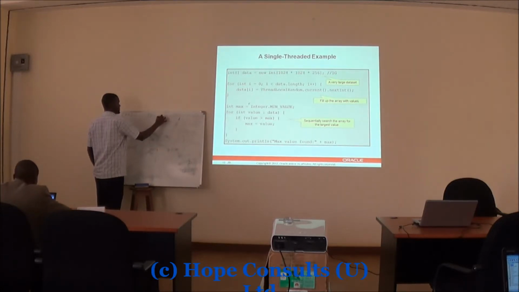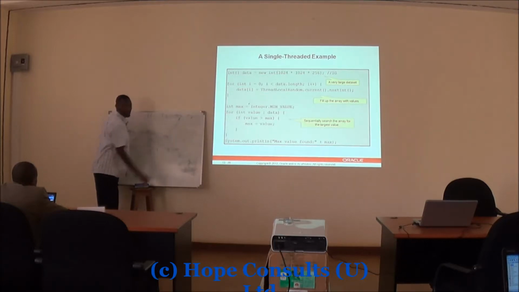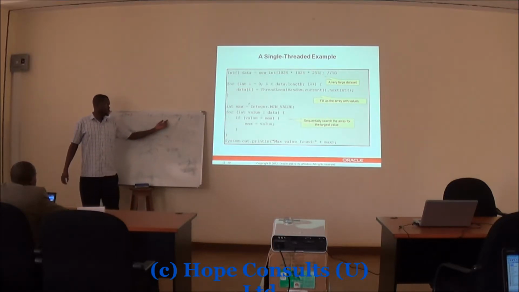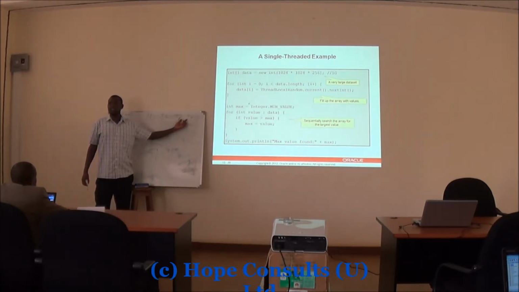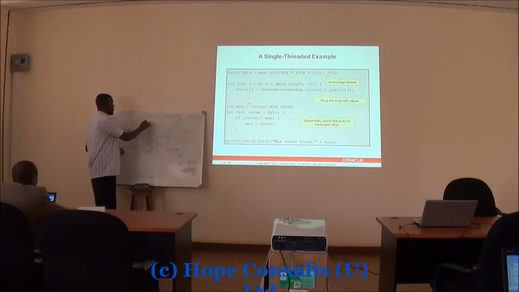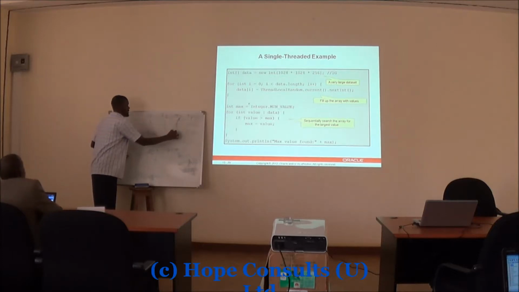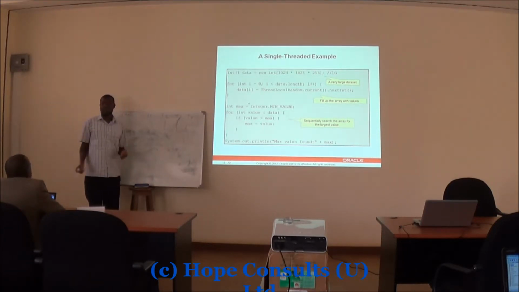Thread 1, thread 2, thread 3, and thread 4. Each of these threads will come up with the greatest value in its set. Then we will have how many numbers to compare? 4, right?